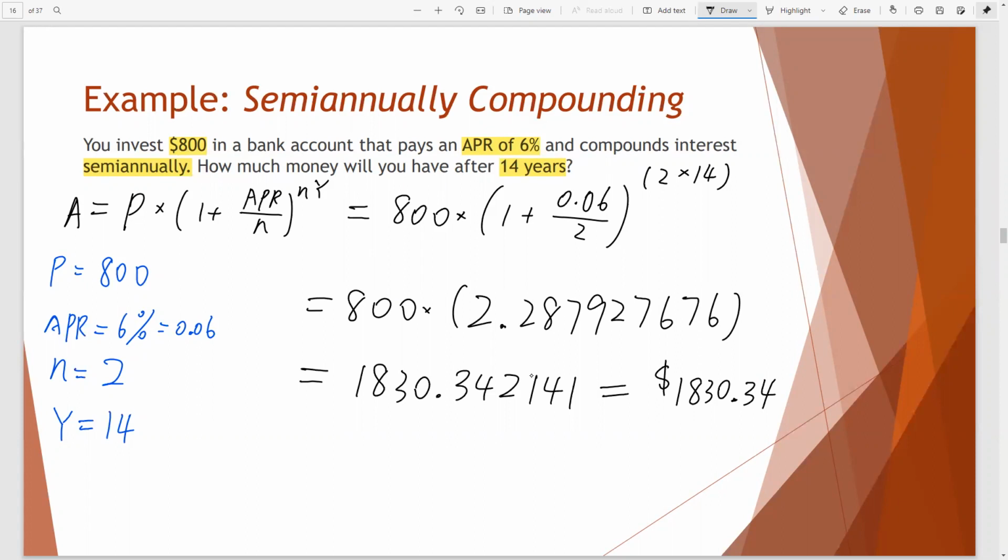So the larger n is, the larger y is, the larger APR is, or the larger the principal is. Principal is another effect, but it is a factor, no matter what the principal is, that's still the ratio of it. The larger the value of APR, n, and y is, the larger your accumulated value will be.